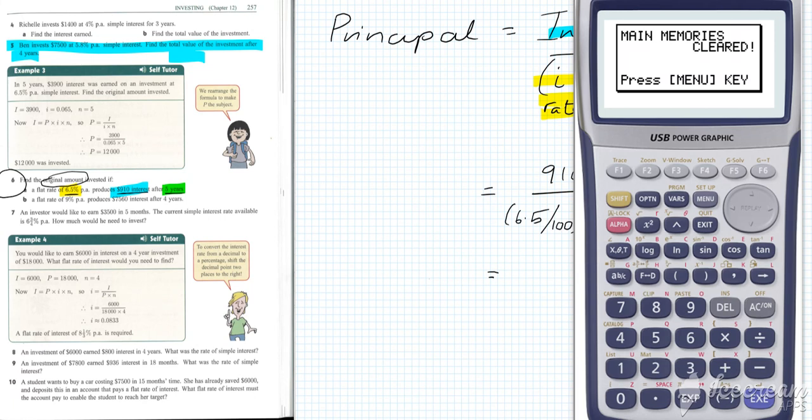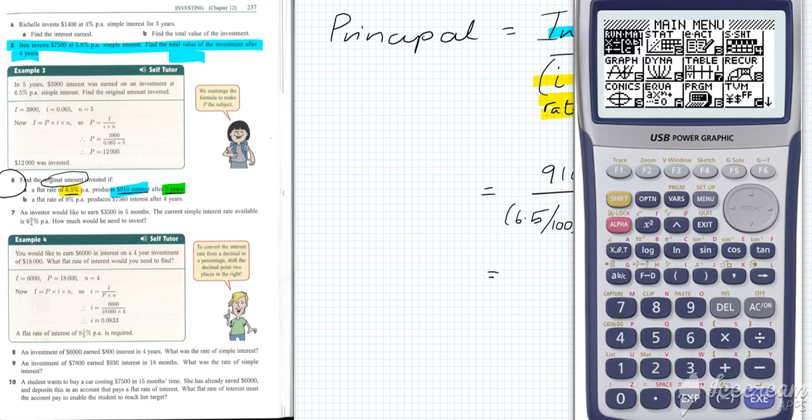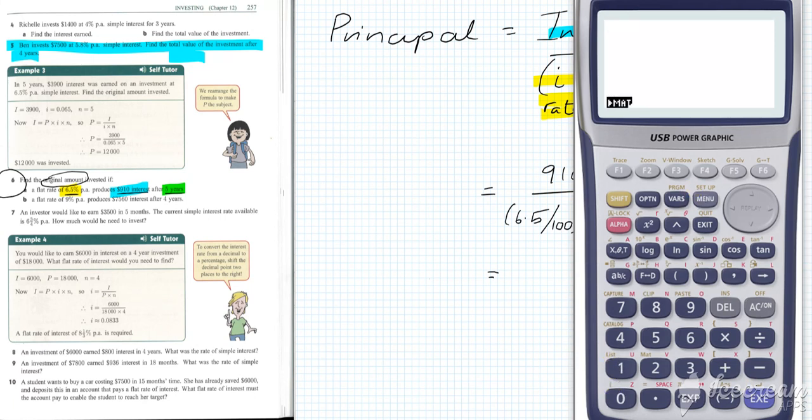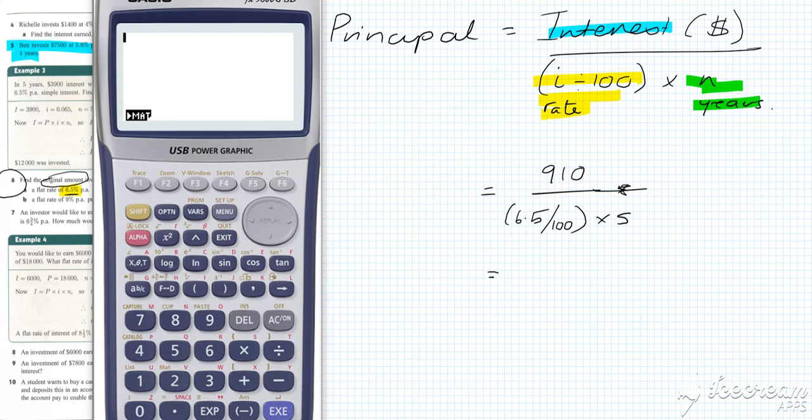Okay, so I've just got my calculator up and I'm going to move my calculator over actually, so I can see my numbers. So we had 910 divided by 6.5 divided by 100. Oh, now, hang on. Let's change that up.